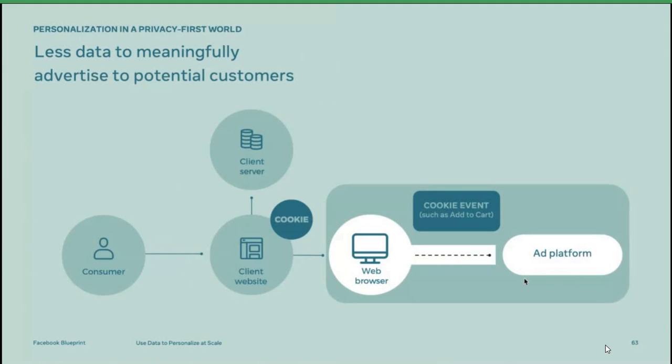This process simultaneously sends data to the server for the business and back to the browser. And when anti-tracking defaults are enabled or cookies are deleted too soon, the browser is no longer able to share this information with the ad platforms, which prevents retargeting.